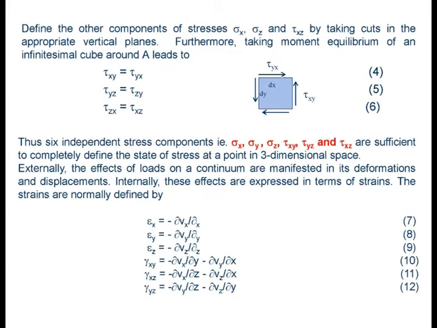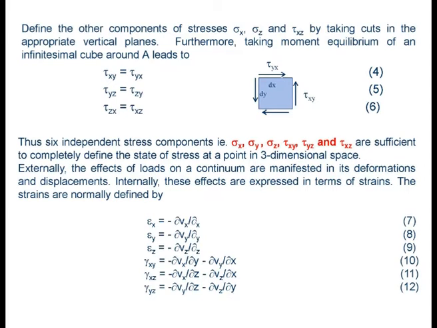So essentially, there are 6 independent stress components: sigma x, sigma y, sigma z and the shear stresses. Some people are a bit more rigorous in their notation, but I'm a bit lazy. It's the same thing. So, 3 normal stresses and 3 shear stresses characterize the full state of stress in three-dimensional space.